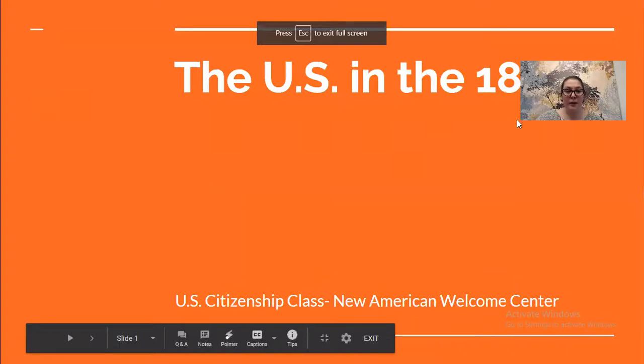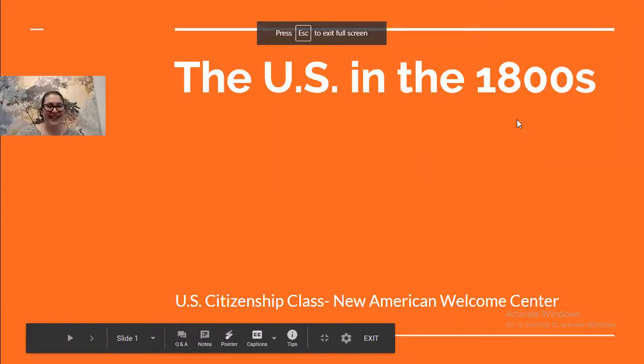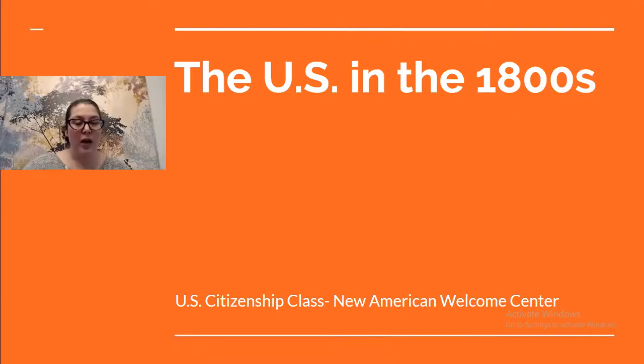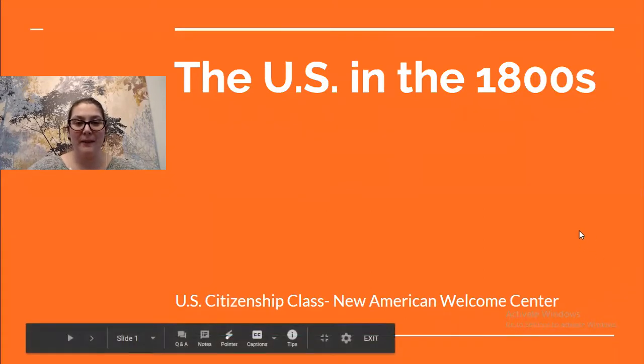Let me go ahead and put myself over here so you can see me. All right, so this will be a little bit of a history lesson. So we will be talking about the questions. I will ask the question from the 100 questions, and I will show you the answer. I will wait a little bit after I ask each question to give you a chance to respond.